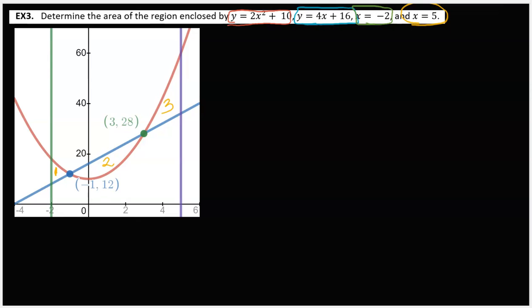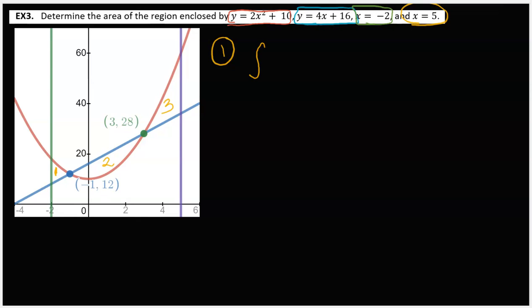First, region 1: we would have the vertical strip here, so it would be red minus blue, and we are integrating with respect to x.